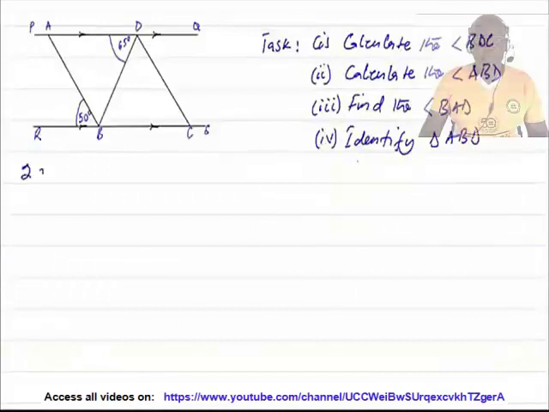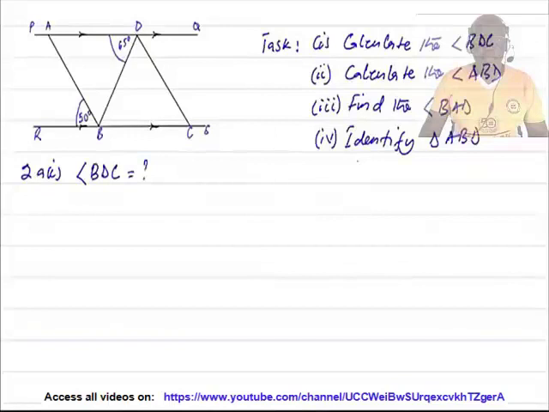2A sub-question I, we have to calculate the angle BDC. That is the angle over here. But we know that angle ADB should be equal to angle DBC and should be equal to 65 degrees.